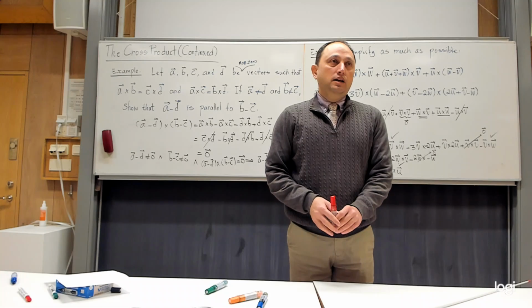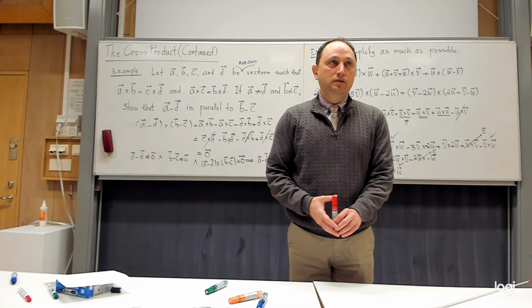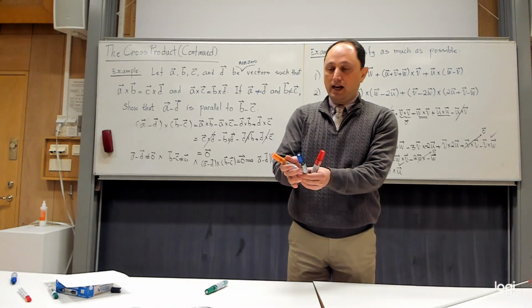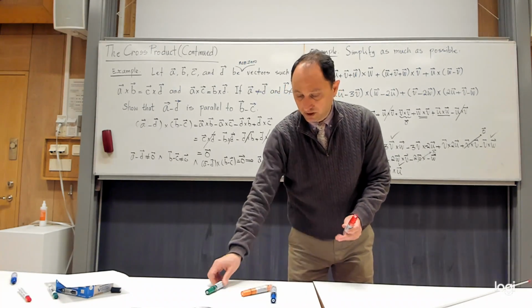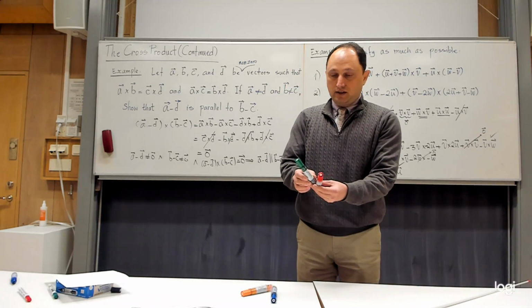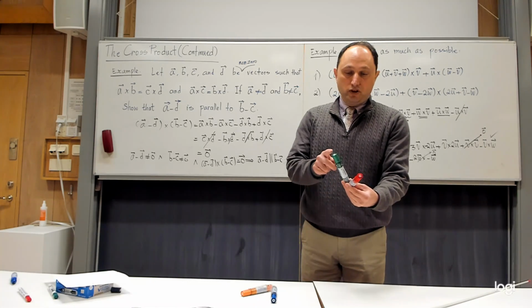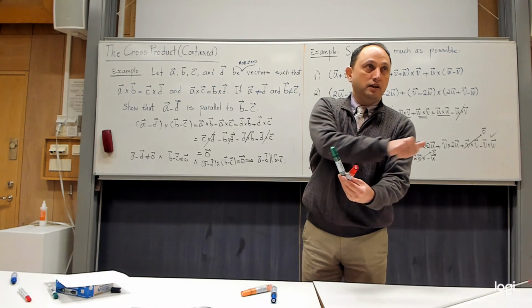Yes? But do you think that this is possible except this setup? For example, can I have A and B in this plane like this on the table, and can I have C and D like that? It's not possible, yes? Because if C and D are in this plane, the cross product should be in this direction.